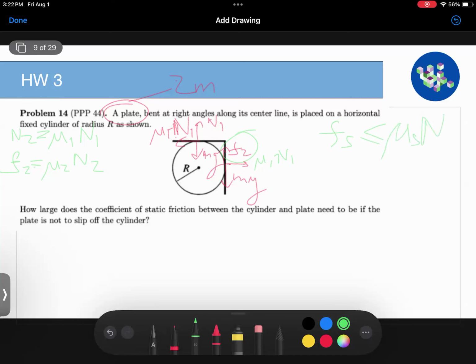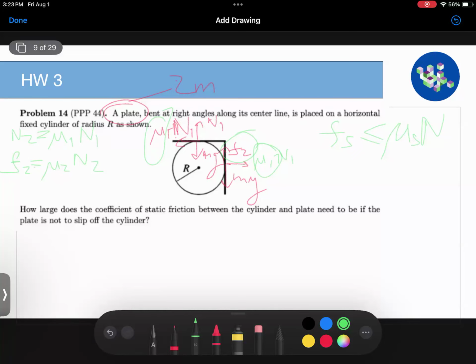So I'm not exactly sure yet whether I have the same mu over here and over there. I don't know whether the coefficient of friction on the top part of the plate and on the bottom part of the plate will take on the same value. We don't know that for sure. We need to make sure whether that's true.